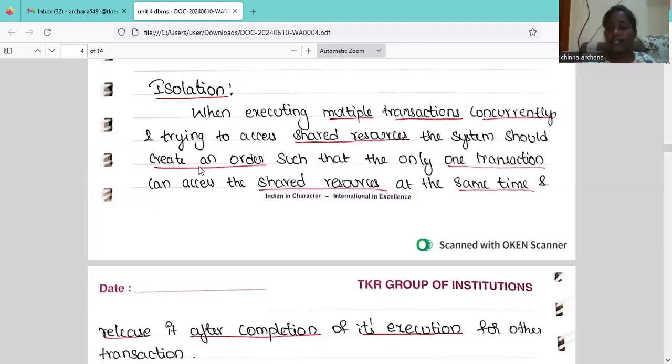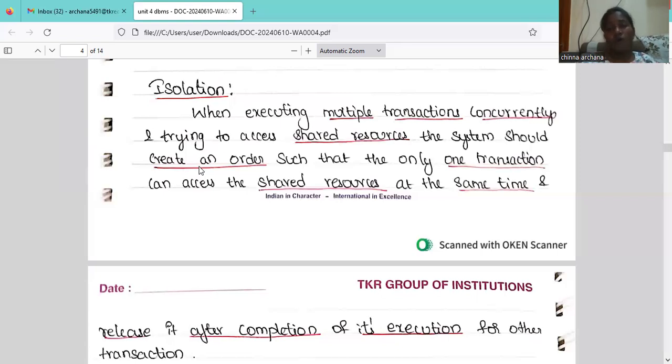Reading the data of X account is a resource for this transaction, and reading the data of Y is a resource for this transaction. So we'll have some n number of resources depending on the transaction. Now these resources have to be shared among the multiple transactions which are executed concurrently. Which transaction should be given access to the resource and which should not be given access, that has to be decided.